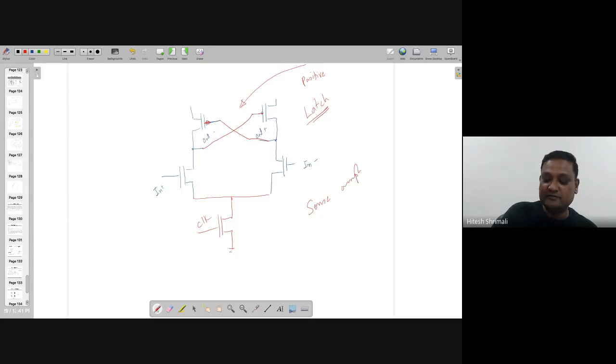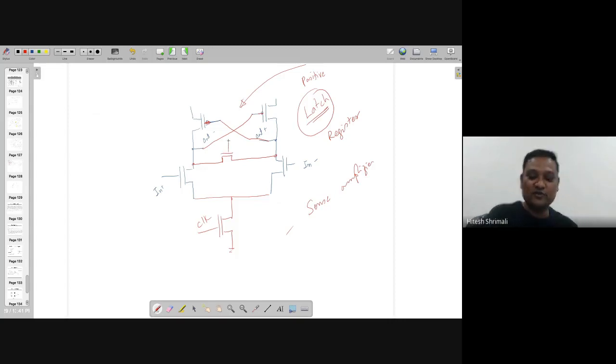And if you want to make not the latch, if you want to make this one a resistor, you can connect one transistor here, which will give you output when the clock transitions from 0 to 1. So let's have all these things clear in our mind: the Schmitt trigger is going to remember, and it's not going to be just a zero crossing detector or a midpoint value detector.